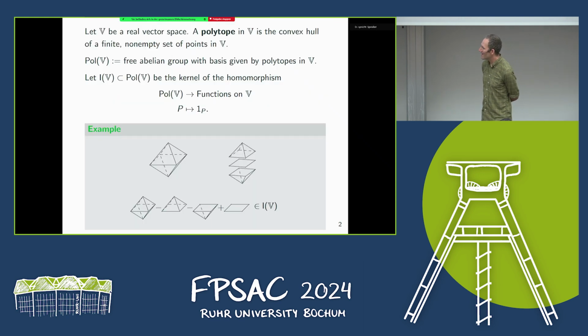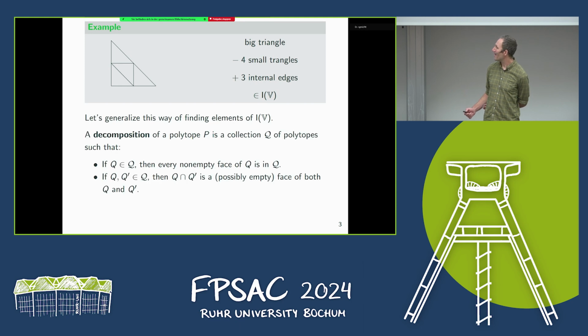So the 4 things appearing on the bottom line are the 4 internal faces of my decomposition. My decomposition has a lot more faces that are not internal. The internal faces are not closed under faces. The faces are closed under faces.